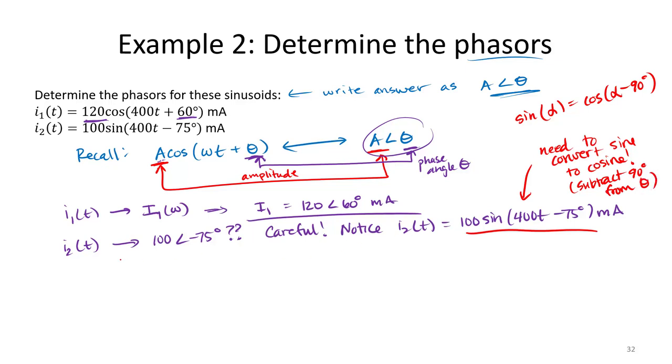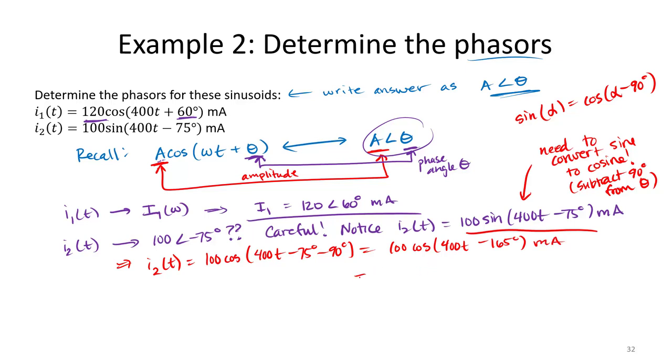And so we determine that I2 of t as a cosine is going to be 100 cosine 400t minus 75 degrees minus 90 degrees, or 100 cosine 400t minus 165 degrees.